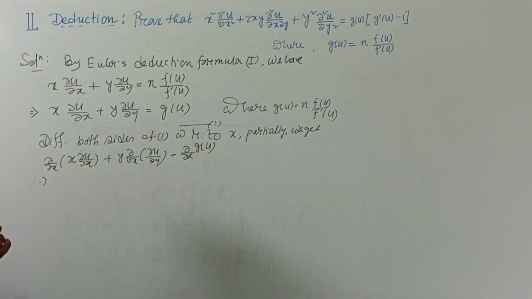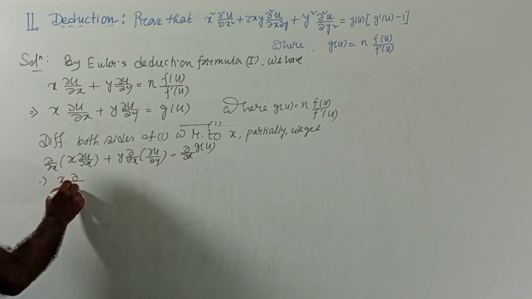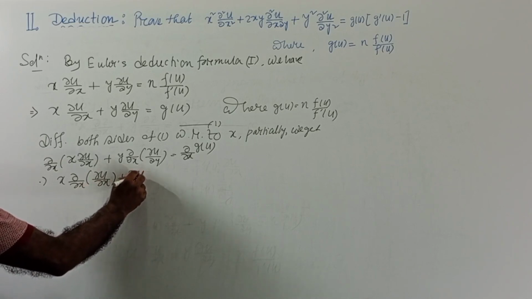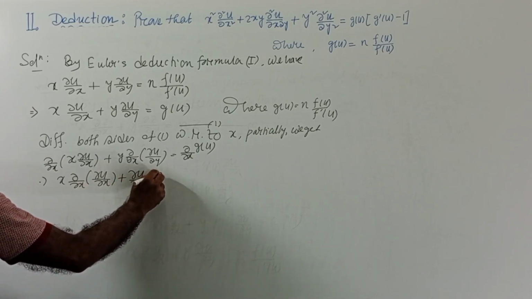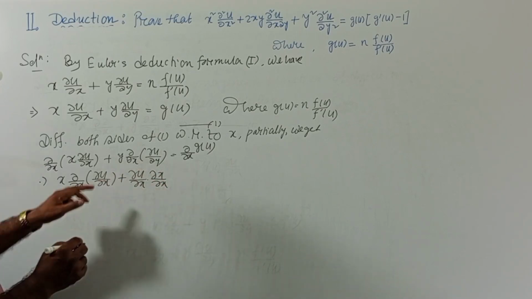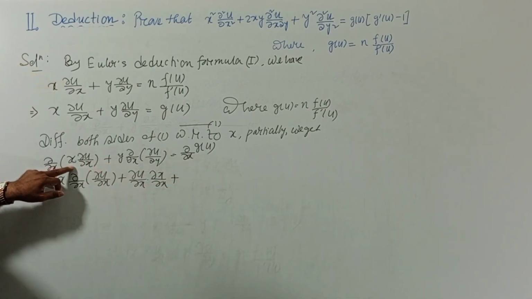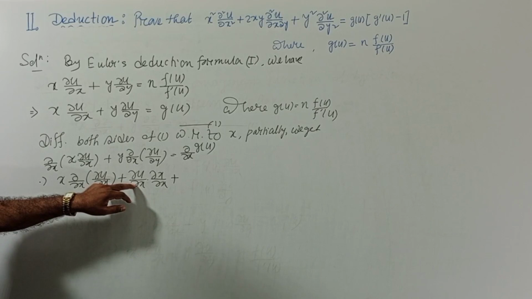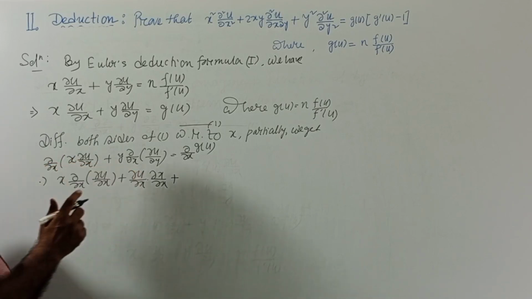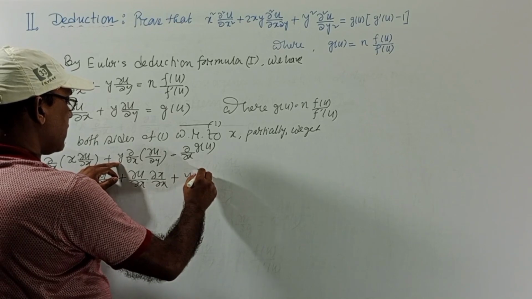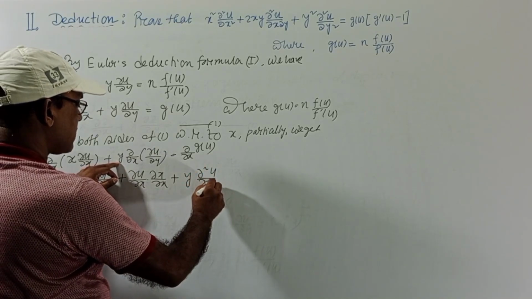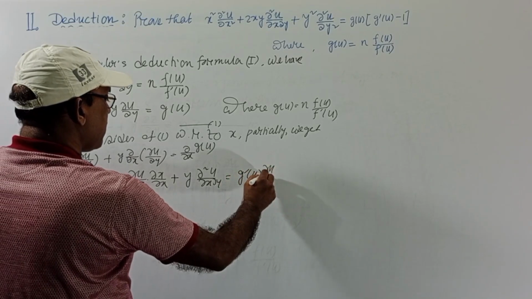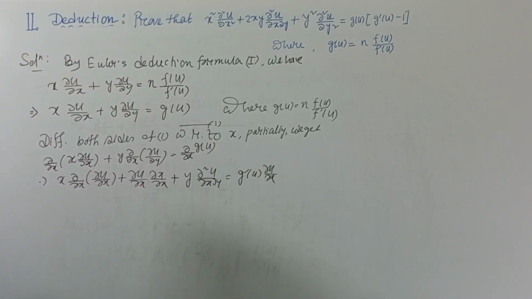And this is a product of two functions: first function into del x of second, plus second function into del x of first. We consider x as the first function and del u del x as the second. So first function times del x of second function, plus second function times del x of x, and this is y del square u del x del y. Directly, it is g dash u del u del x.